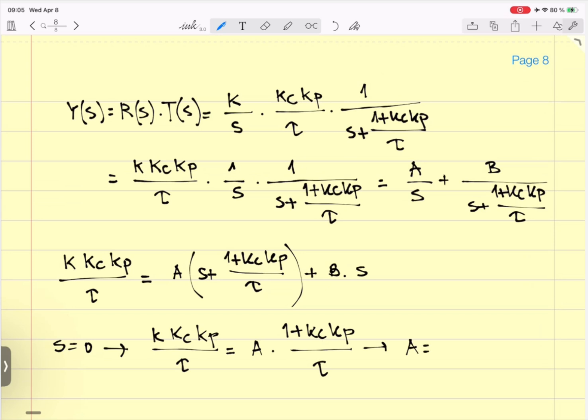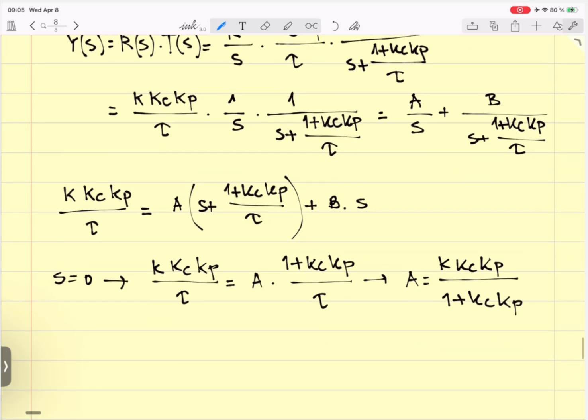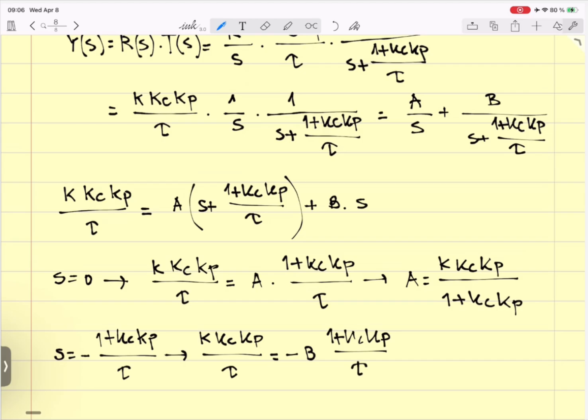So a becomes k sub c k sub p divided by 1 plus k sub c k sub p. If s equals minus 1 plus k sub c k sub p divided by tau, then k sub c k sub p divided by tau equals minus b times 1 plus k sub c k sub p divided by tau.